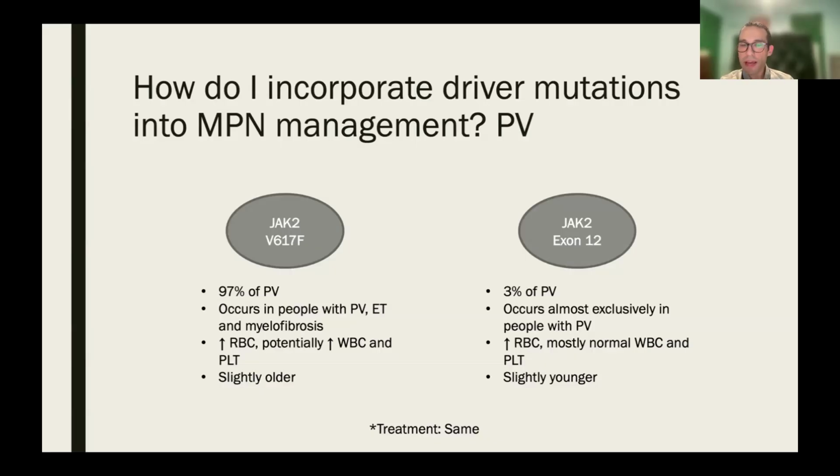They both have a similar presentation, but I will say, JAK2 exon 12 mutations typically occur in younger people, and typically they result in a more isolated increase in the red blood cell count, as opposed to the V617F mutation, which can result in increases in all three cell lines: red blood cells, white blood cells, and platelets. But I do treat them fairly similarly.